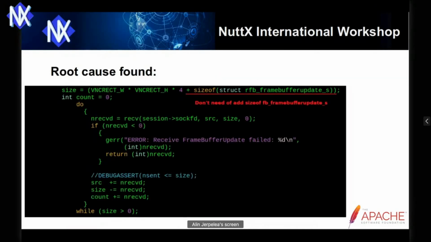I just realized that after requesting the frame and getting the rectangle area, I was passing the area, the amount of bytes I want to read, and also the size of the structure. But since I had already received the first data of the structure, I don't need to pass the structure size again. So I just removed that part that is not required.